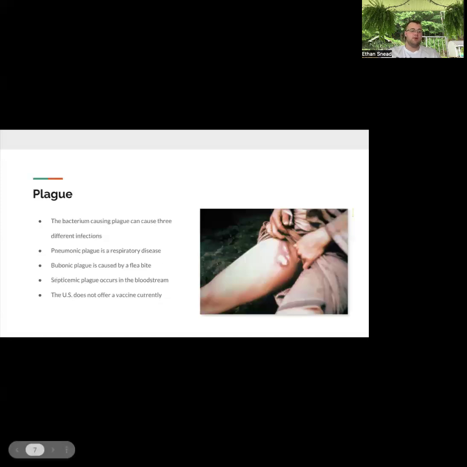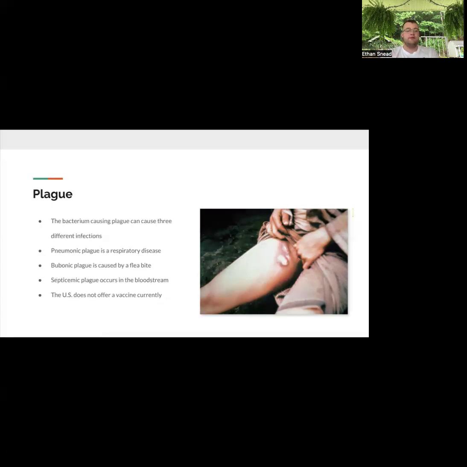The next thing we're going to cover is the plague. Now, we've heard stories from medieval times, and stories based in the 18th and 19th century and so forth, about how all these different famines happen, people getting sick, dying, and one of the results of that would be the plague.